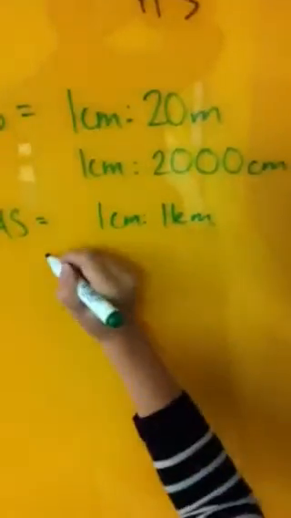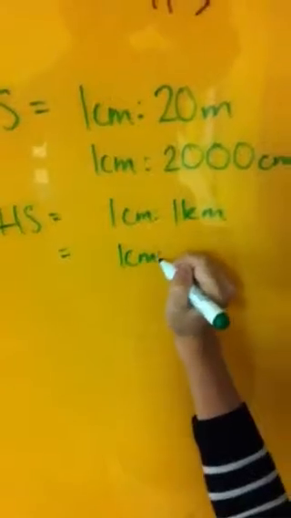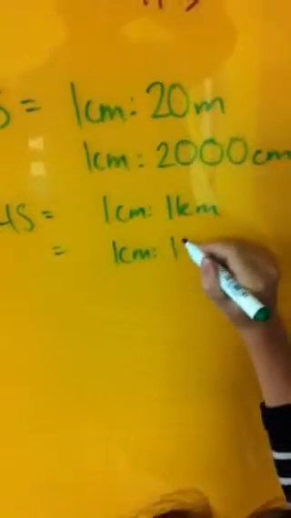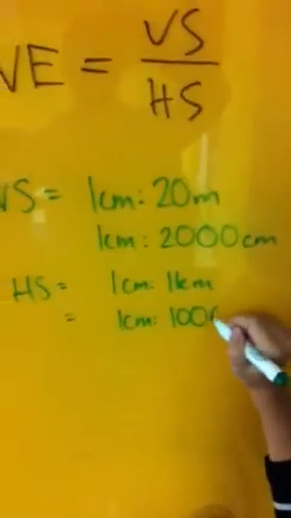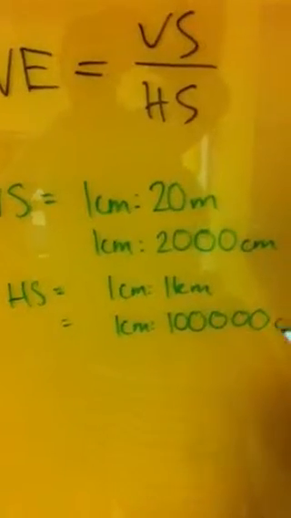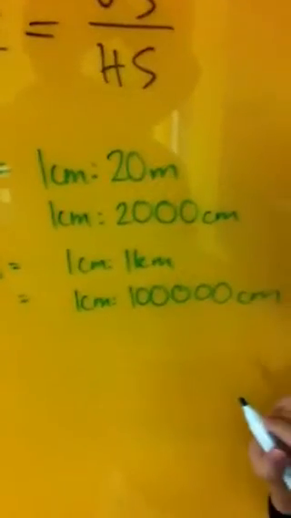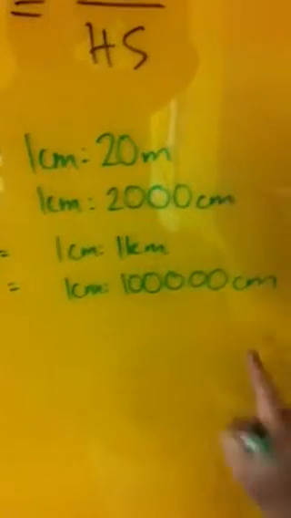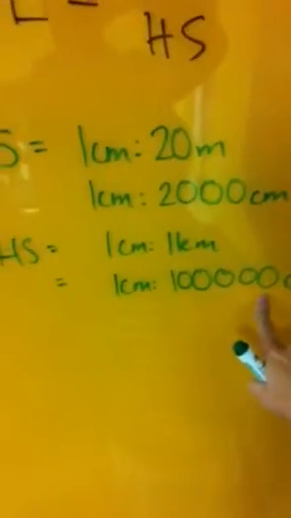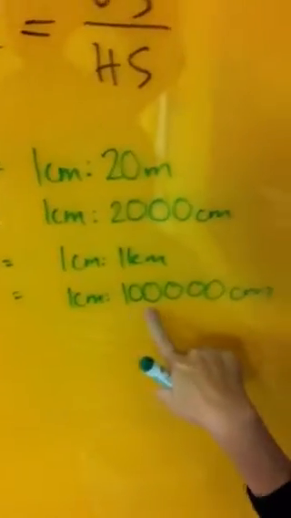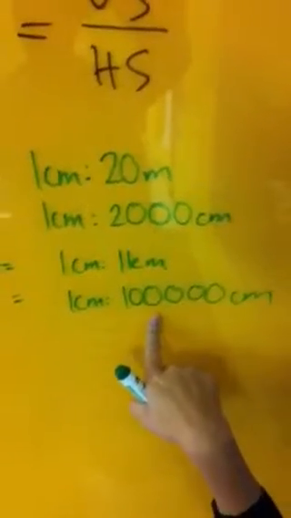And as we saw previously, that means 1 centimetre represents 100,000 centimetres, because there are 1,000 metres in a kilometre and 100 centimetres in a metre.